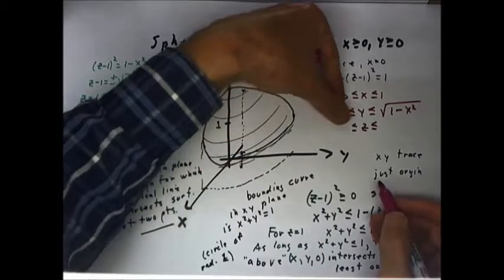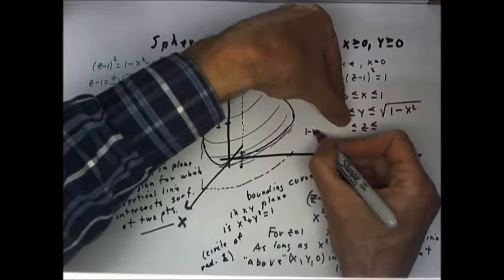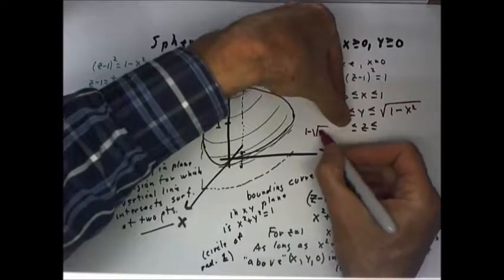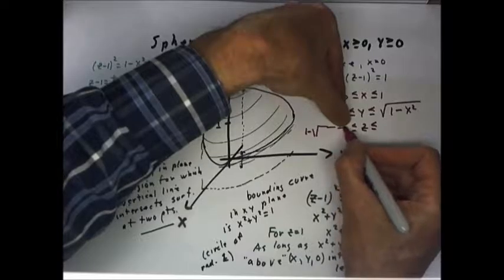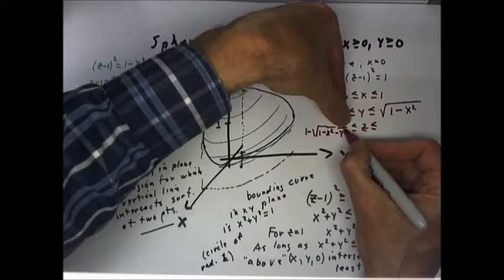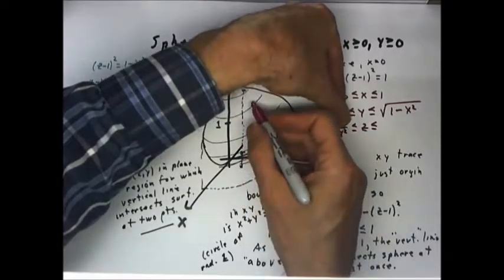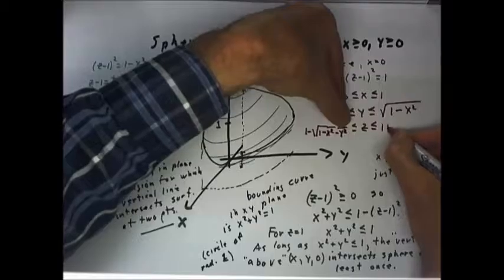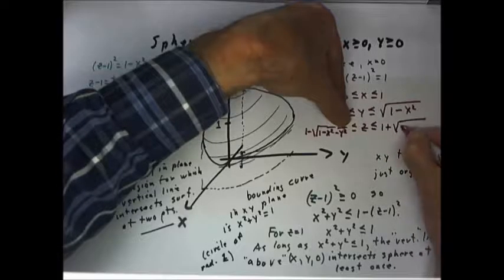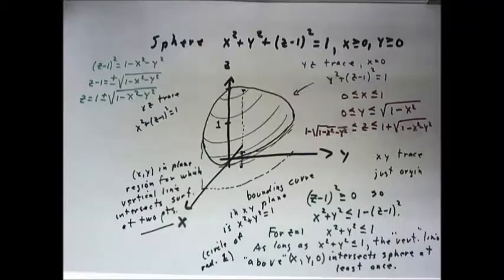So what I should have written here is 1 minus the square root of 1 minus x squared minus y squared is less than or equal to z, and that is less than or equal to 1 plus the square root of 1 minus x squared minus y squared. Darn. Okay, sorry, but I had to fix that.